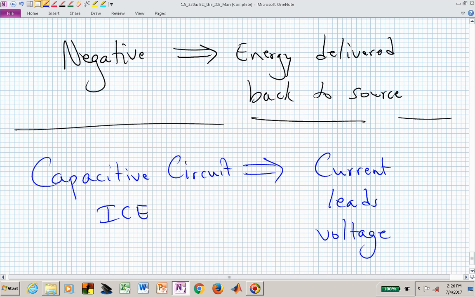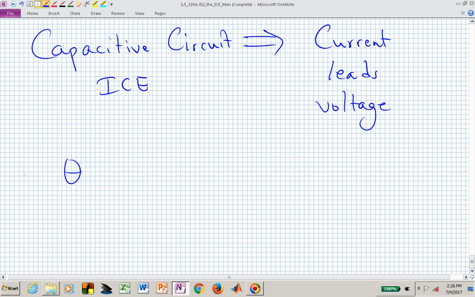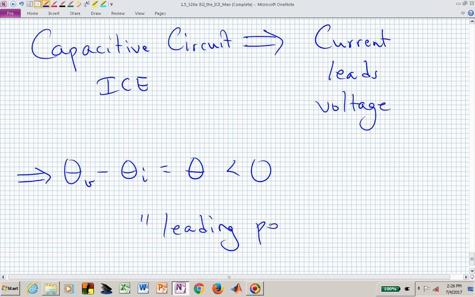That means then that if we looked at theta sub V minus theta sub I and said that's just an angle theta, what do we know about that? Well, now if the current is ahead of the voltage, this is going to be something that's negative, and we will say that that now has a leading power factor. And in this case, Q will be negative.